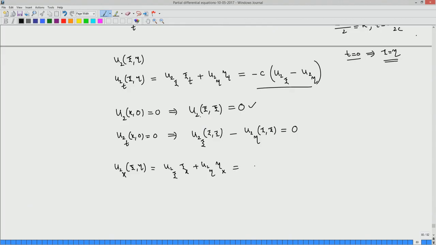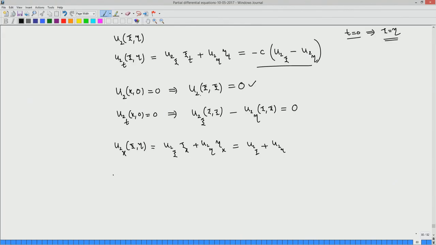Since xi x and eta x are 1, you have u2 xi plus u2 eta. So, u2x at x,0 is nothing but u2 xi plus u2 eta at xi equal to 0.